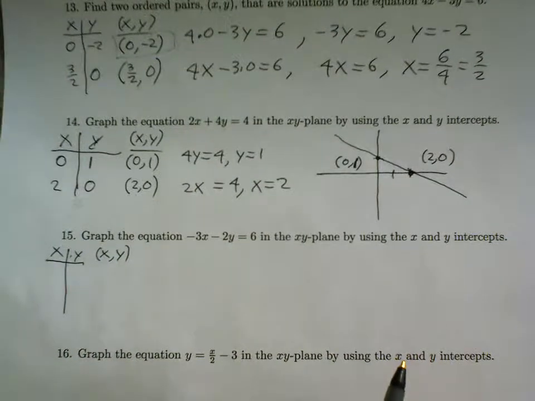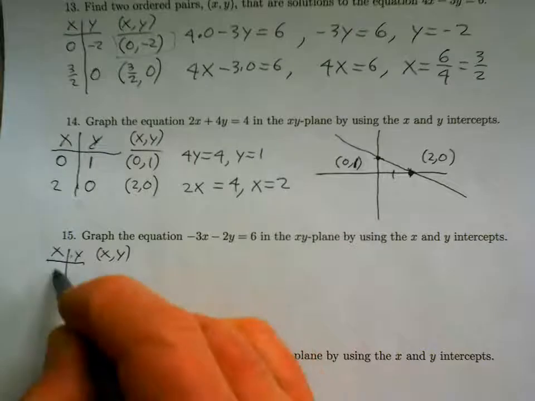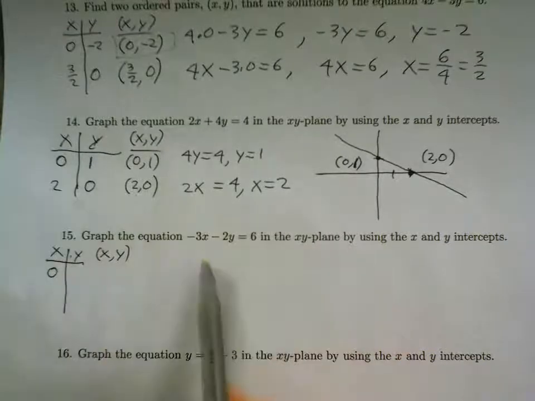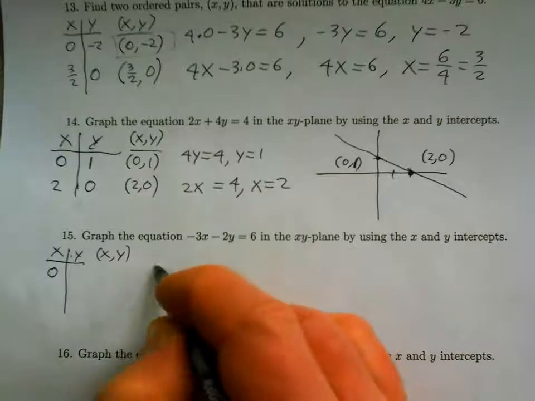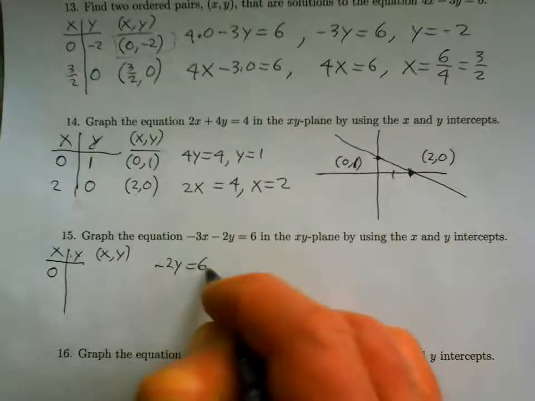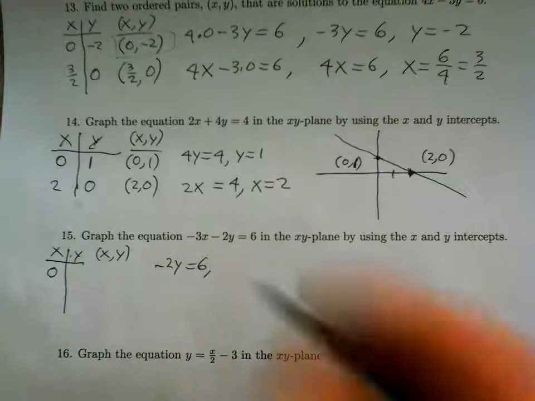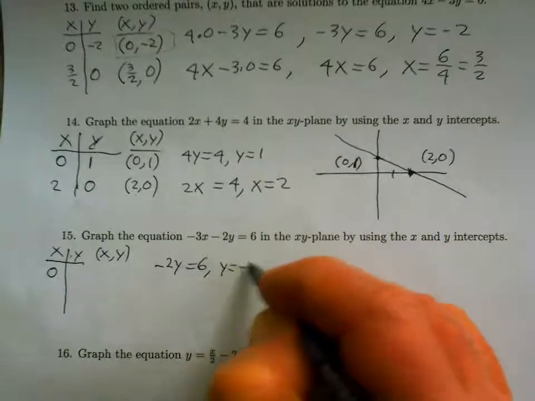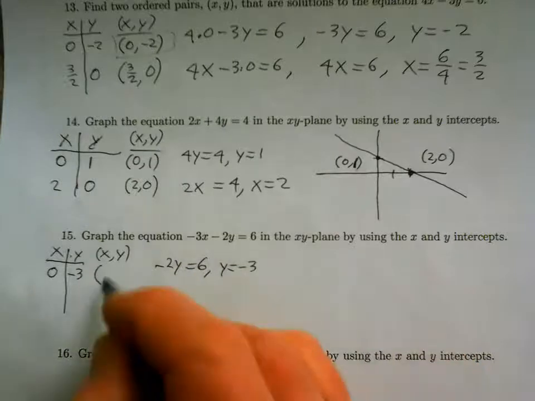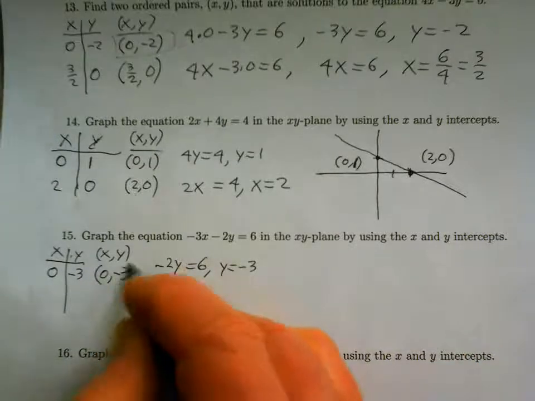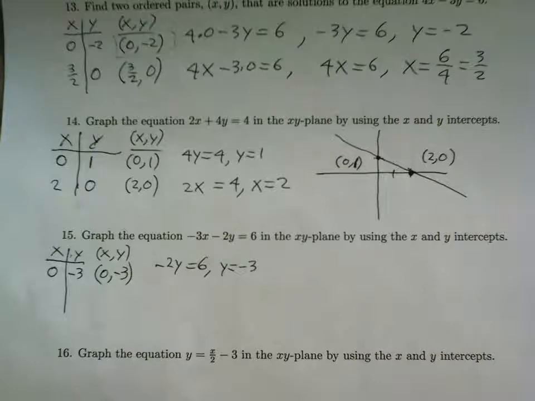To find the y-intercept, replace x with 0. When x is 0, we're left with negative 2y equals 6. Divide both sides by negative 2, y equals negative 3. So the ordered pair (0, -3) is the y-intercept.